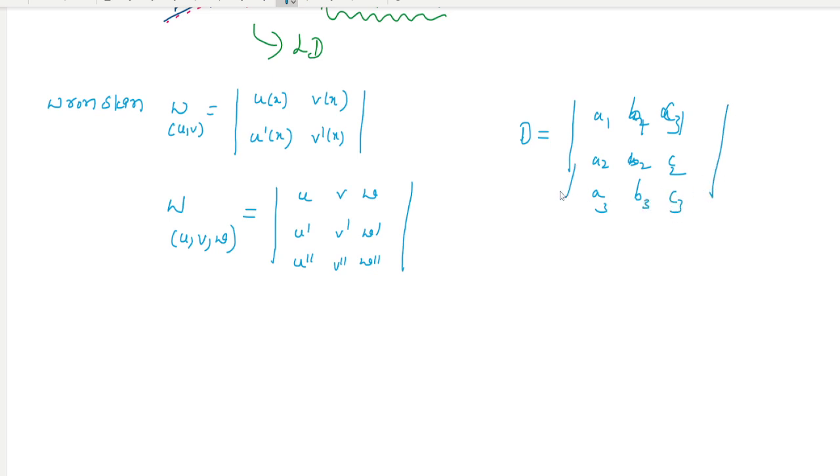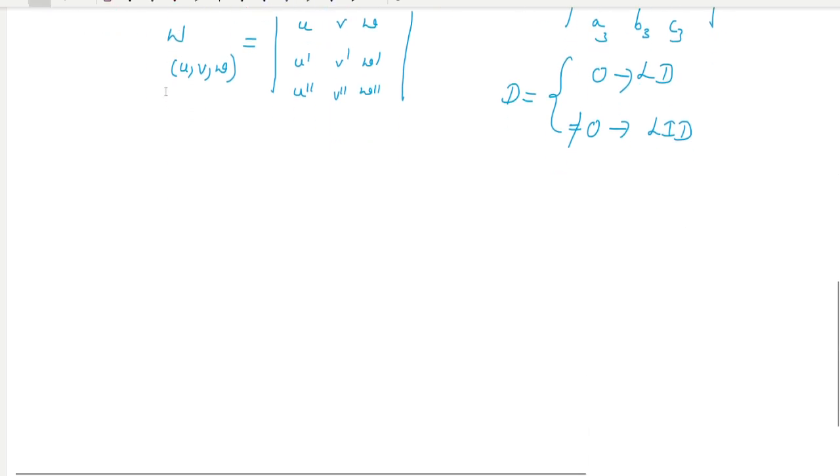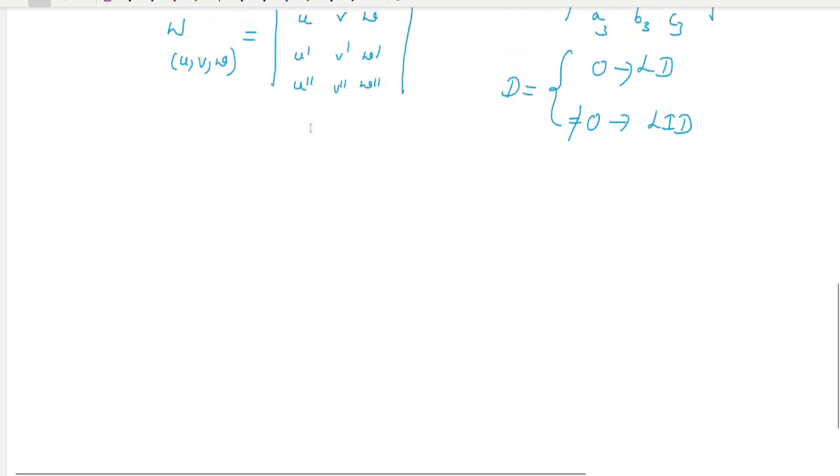If it comes to 0, then that is the linearly dependent one. If the determinant is not equal to 0, then we call that a linearly independent set, which can be expressed in terms of linear combinations.